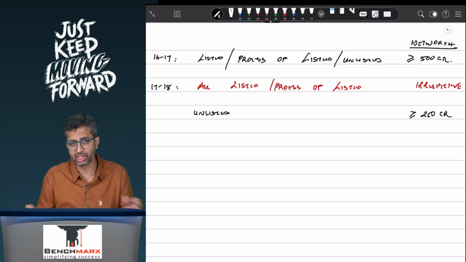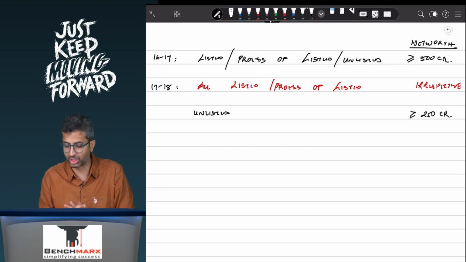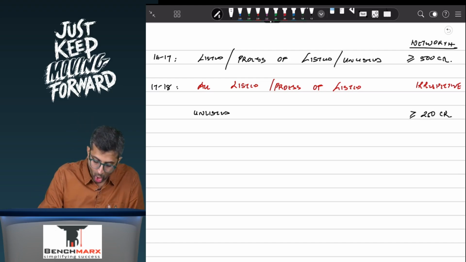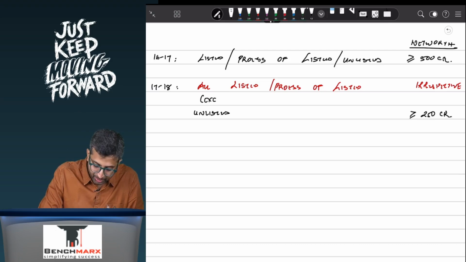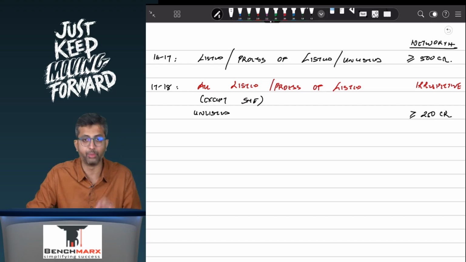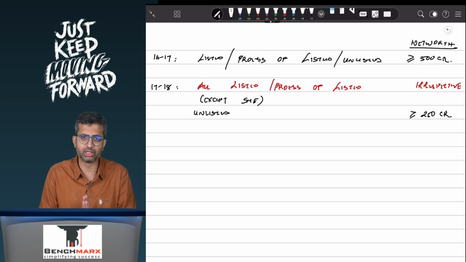That will never be the case, because if it is an SME, well, it can't have more than 250 crore net worth. And hence, over here, all companies which are listed or in the process of listing, except for companies which are listed on the SME platform, they will have to follow Ind AS. Are we clear with this? Yes? Okay.